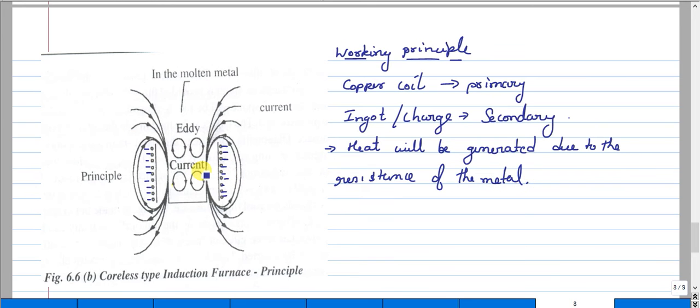So this metal that we have kept inside the crucible will act as a resistance to the flow of current. This in turn melts the metal. So why does it act as a resistance and how is it melted? That is because of eddy current.